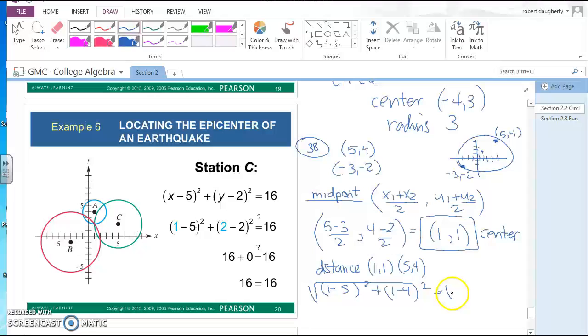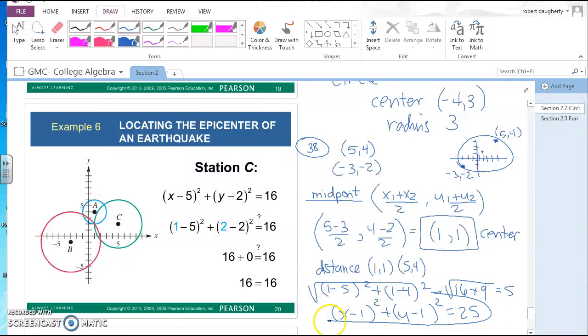So that's going to be the square root of 16 plus 9, that's the square root of 25, which is 5. So now I know that this is a circle, x minus 1 squared plus y minus 1 squared equal 25. So that's a circle centered at 1, 1 with a radius of 5. Okay? That should be it for section 2.2, and you've got homework in that section.